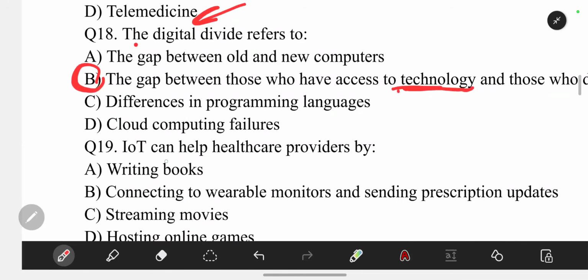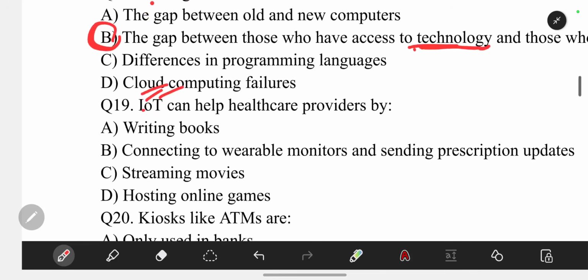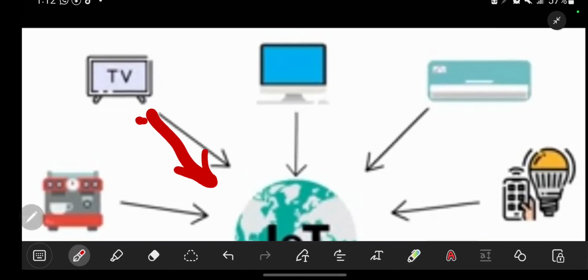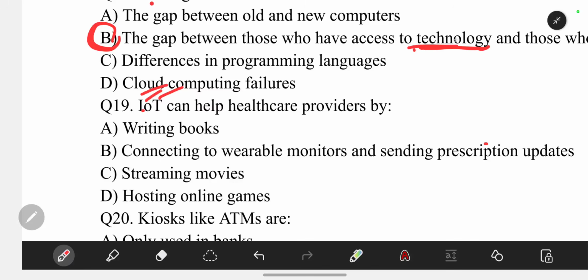Then we have question 19. IoT can help healthcare providers. So remember, IoT is Internet of Things. So the Internet of Things can help healthcare providers by connecting wearable monitors and sending prescription updates. Medicine is not static.